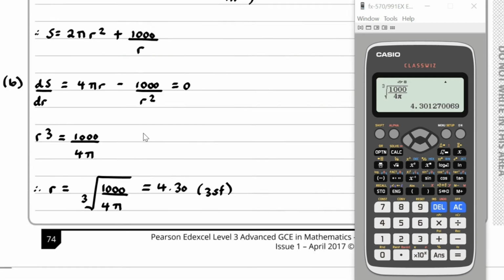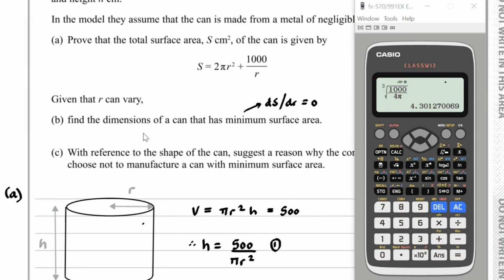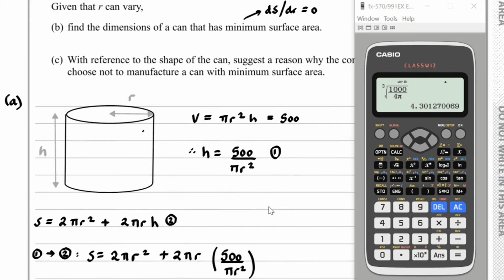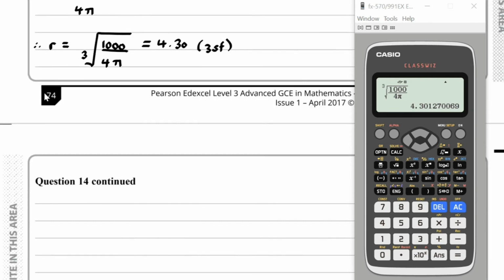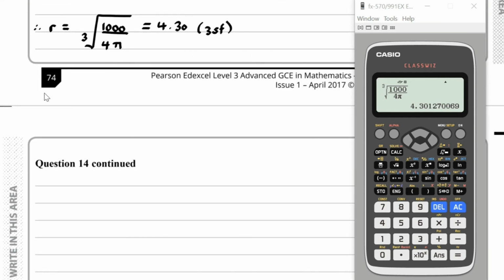So now, if we go back to the question, we need to find the dimensions of a can that has a minimum surface area. So we know what the radius is, that gives the minimum surface area. We also need to find out the corresponding h value. Well, we know h is equal to 500 over pi r squared. So we divide this by pi lots of 4.30, etc. squared.